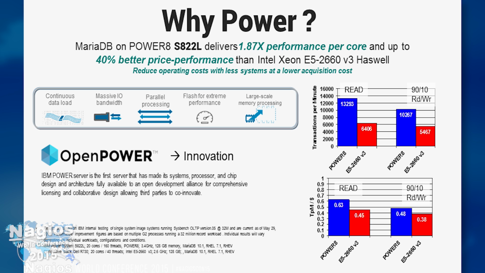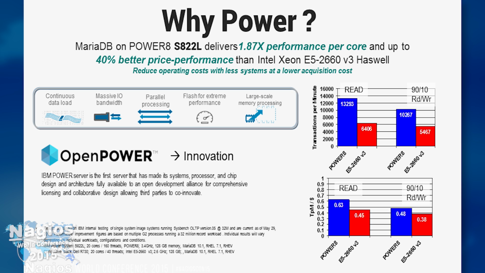Now that endianness is supported in the new Power 8 systems, it's much easier to port applications to be used on Power Systems as well, and that makes it much easier for other organizations to consider using it.